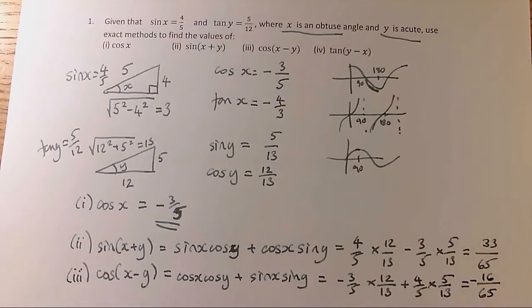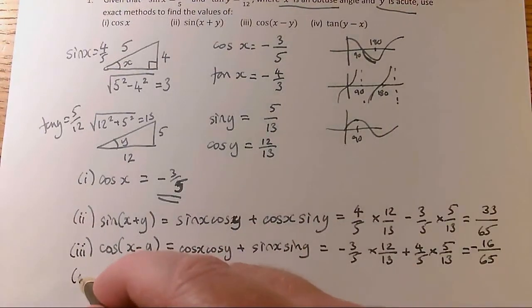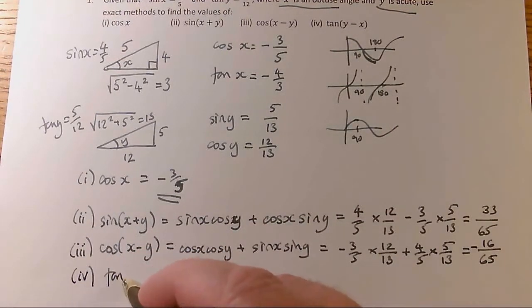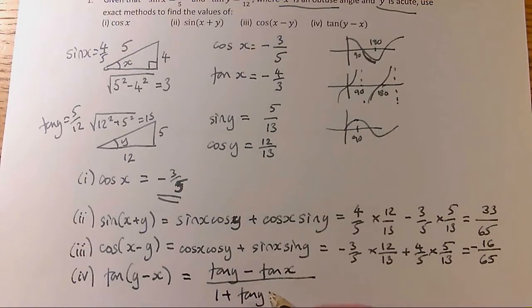And finally, we've got to do tan of y minus x. Well, the formula for that is tan of y minus tan of x over 1 plus tan y tan x.